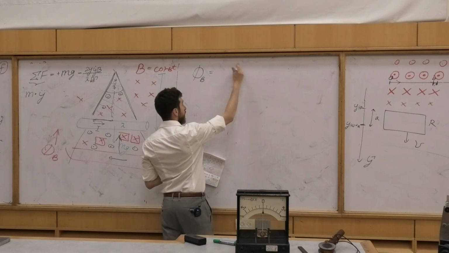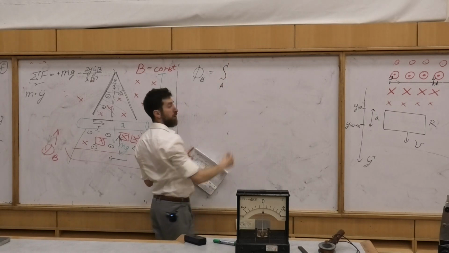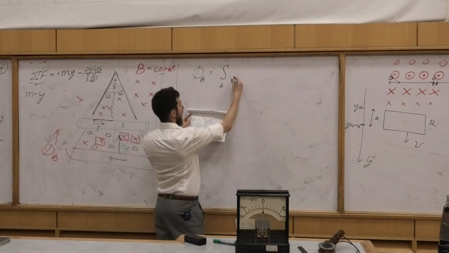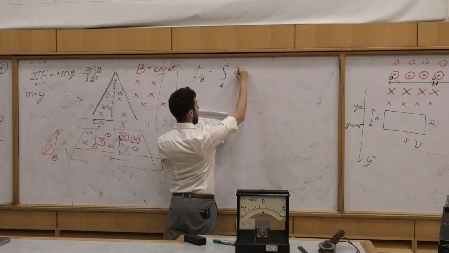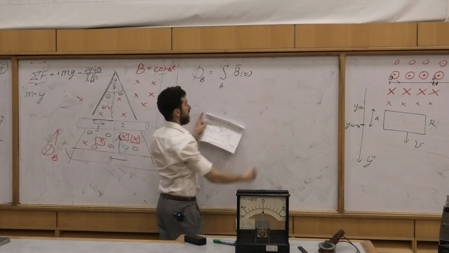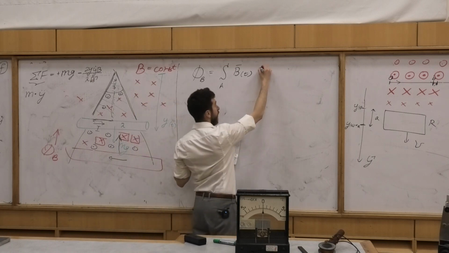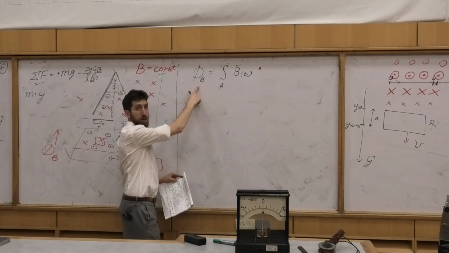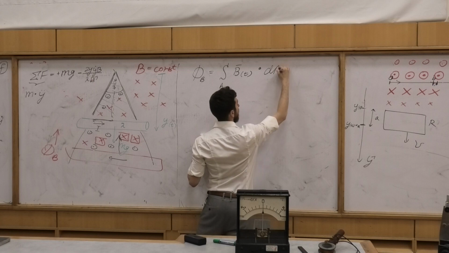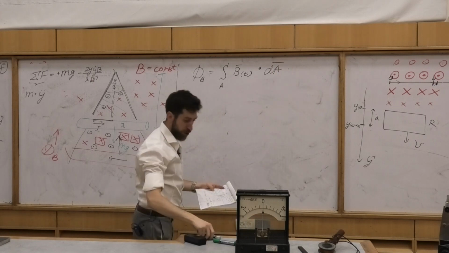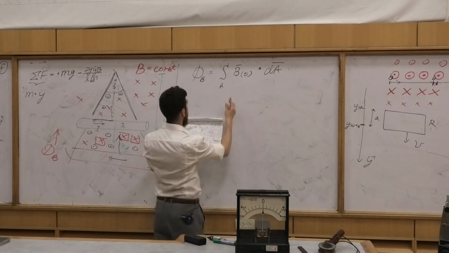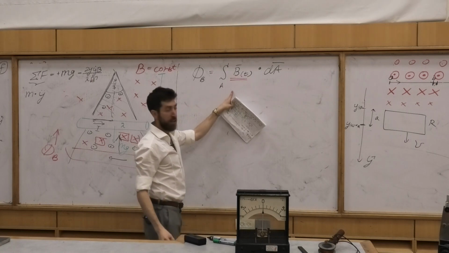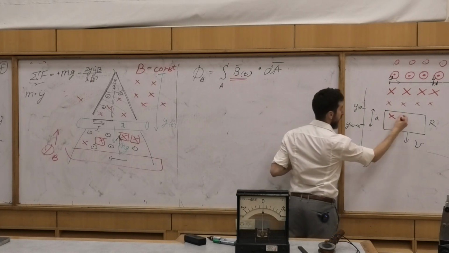Flux is first of all an integral over an area, and here we have the magnetic field dot dA, because the flux is a scalar.